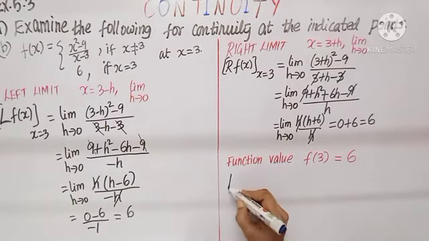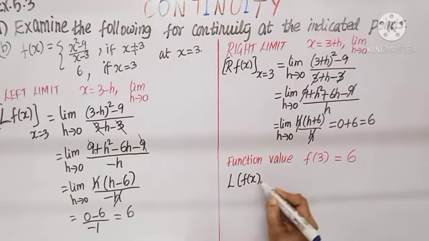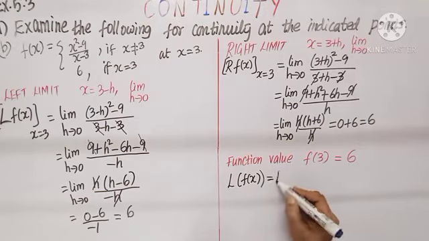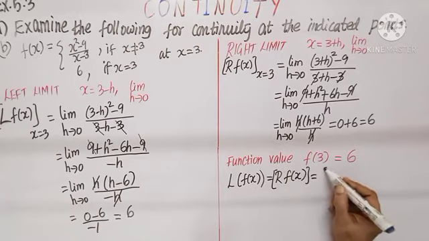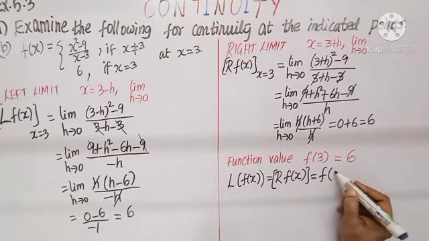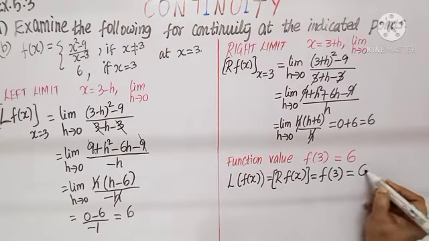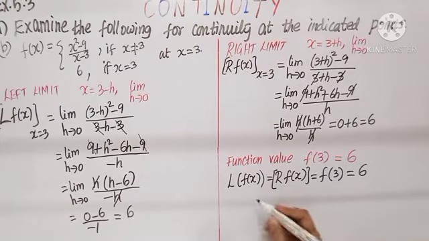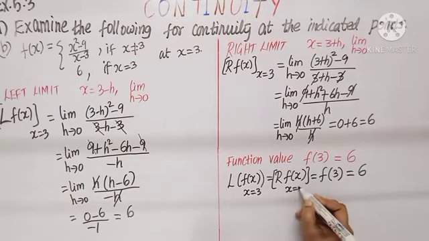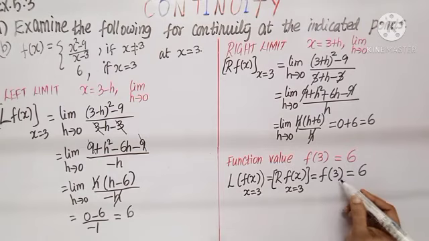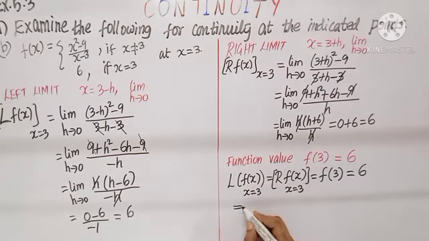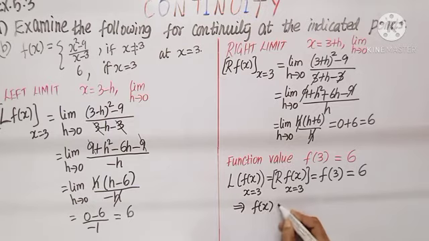Now, left limit equals right limit equals function value equals 6. All are equal. So left limit at x equal to 3, right limit at x equal to 3 and function value at x equal to 3, all are equal, implies f of x is continuous.